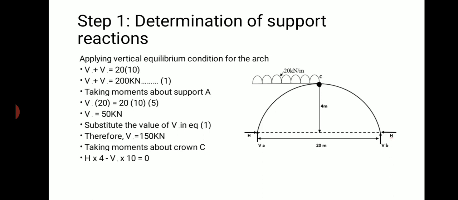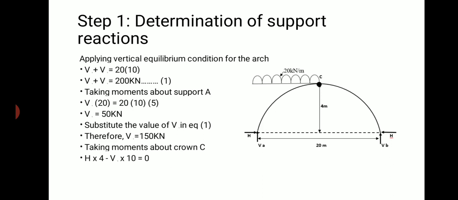And another is VB into the span towards the crown, which is half of the total span, that is 20 by 2, that is 10 meters. So it is VB into 10, in the anti-clockwise direction. Equate that to 0, because all the moments about the crown will be equal to 0. Therefore, the total moment about the crown should be equated to 0 in order to find out the unknown horizontal reaction H.